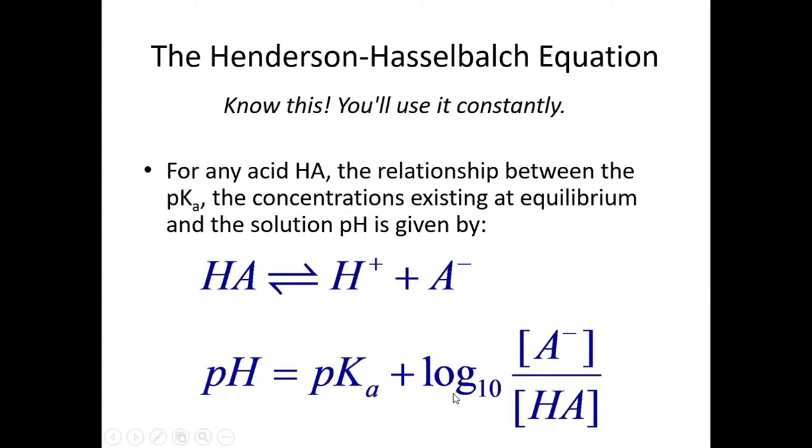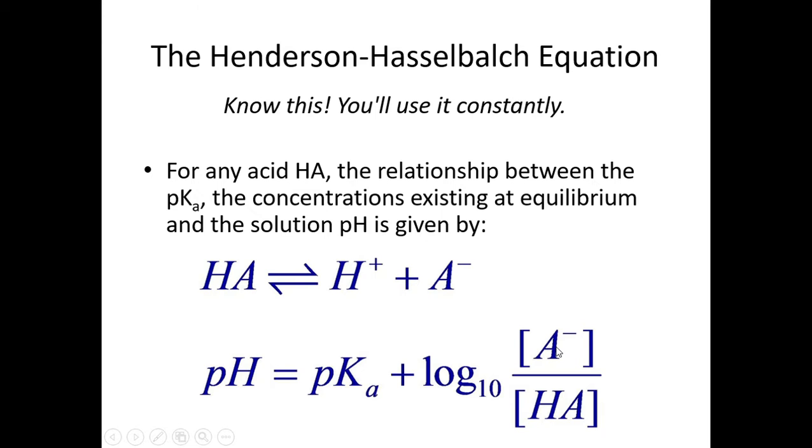There's another relationship here between pH and pKa. If we assume that the concentration of HA is equal to the concentration of A minus, then let's say the concentration of A minus is 1 and the concentration of HA is 1.